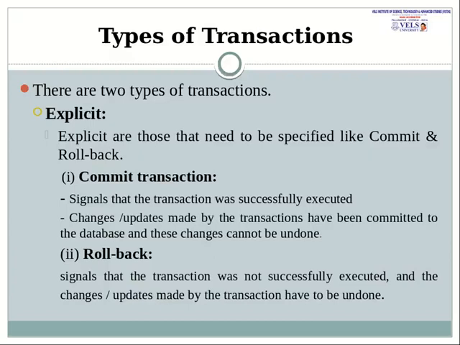These changes cannot be undone from the database. Rollback signals that the transaction was not successfully executed. Changes and updates made by the transaction have been undone. That is, you can roll back from the transaction.